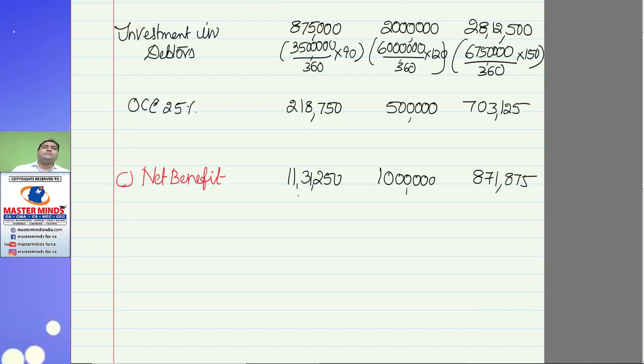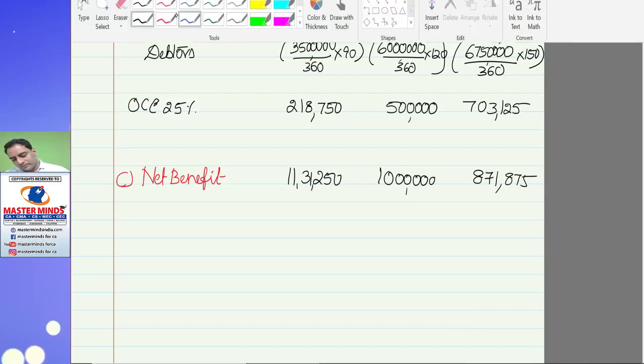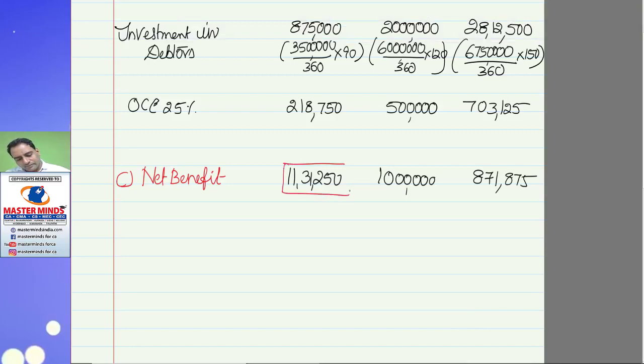Now compare these three, whichever is higher. This is higher.